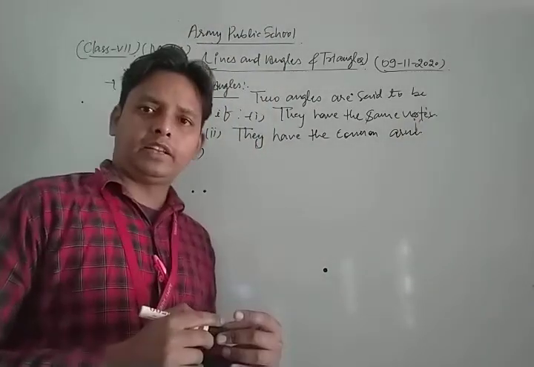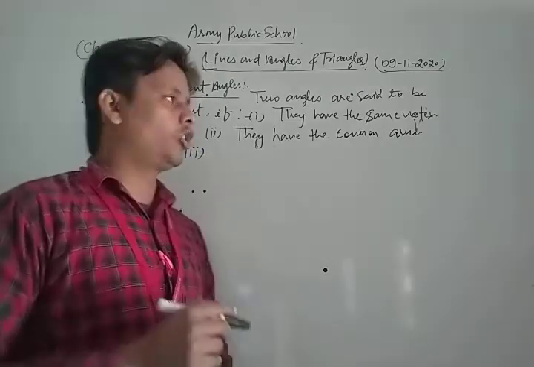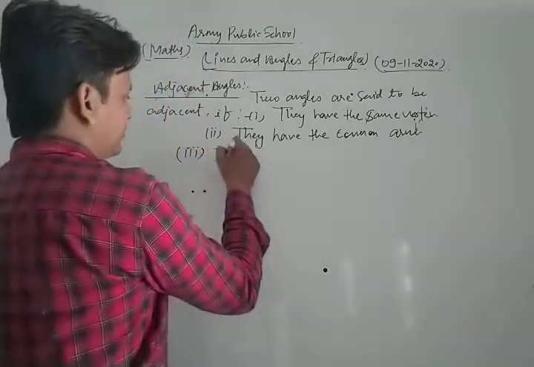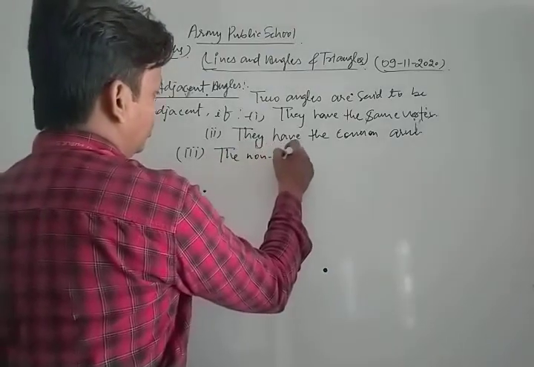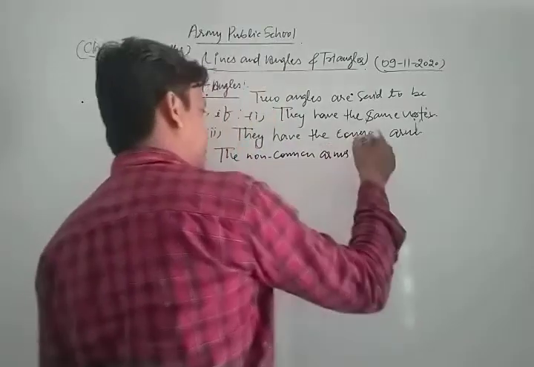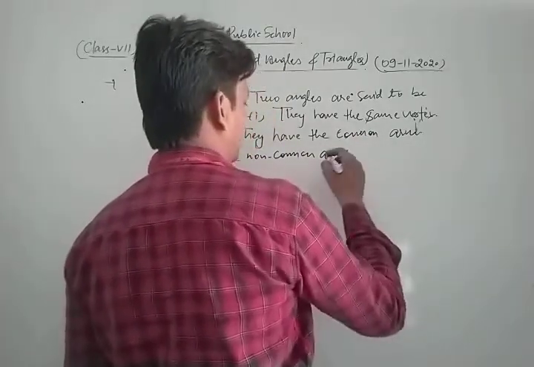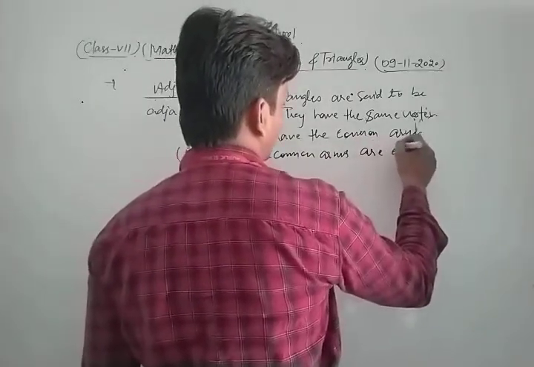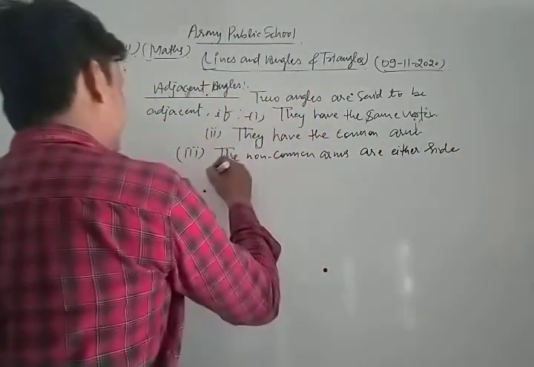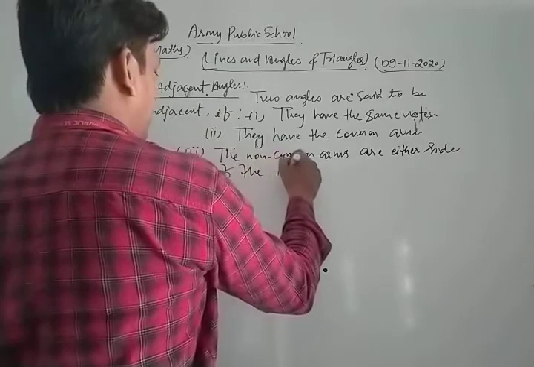Third one is, they have the same vertex, they have the common arm, and also the non-common arms are opposite, on either side of the common arm.